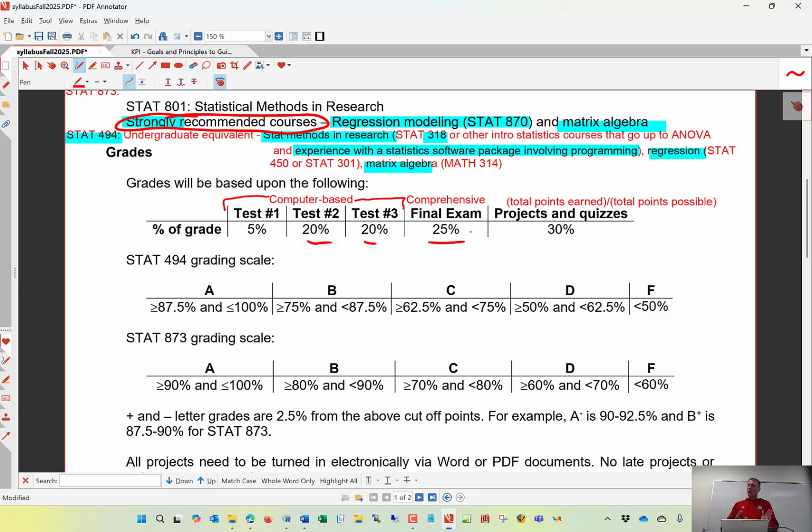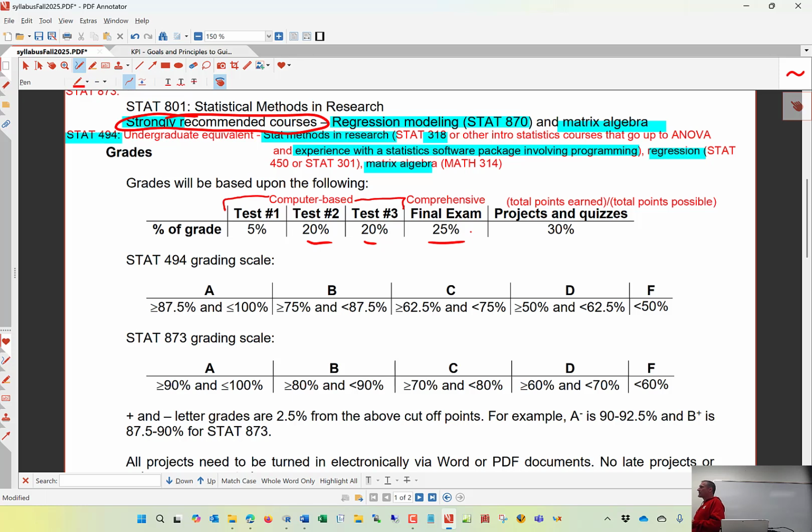Now, for tests 1 through 3, what I'm hoping to do is have these computer-based. Typically, what I've done in this class, the last few times I've taught it, is that students come to class at the regular time and they actually take the tests on a computer that's in the classroom or their laptop. But it's still meant to be closed book, closed note.